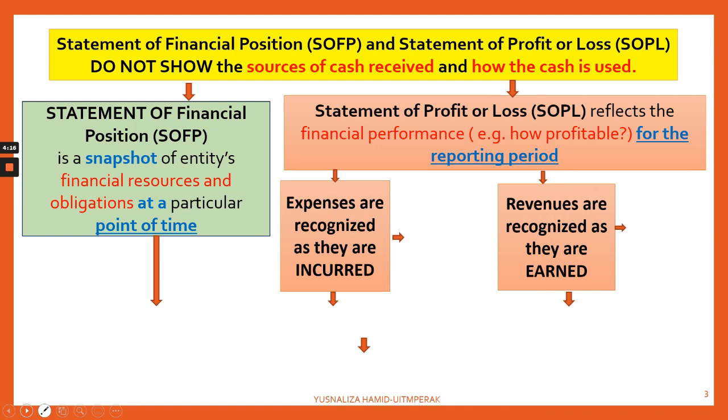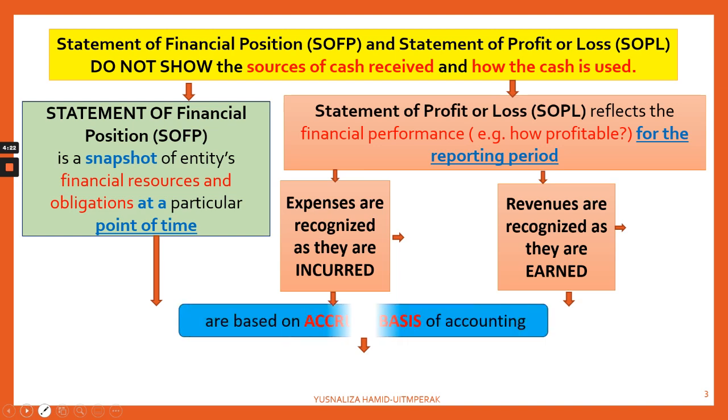Same goes for revenues. They are recognized in the statement of profit or loss as they are earned. And these two statements are based on the so-called accrual basis of accounting, where the transactions are recorded as they are happening or as they are incurred.